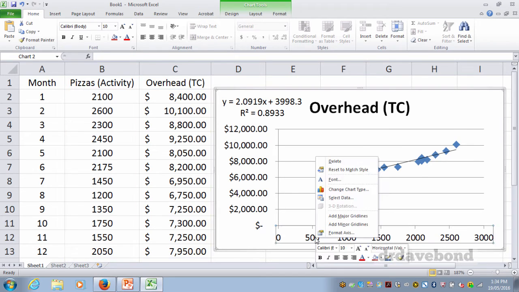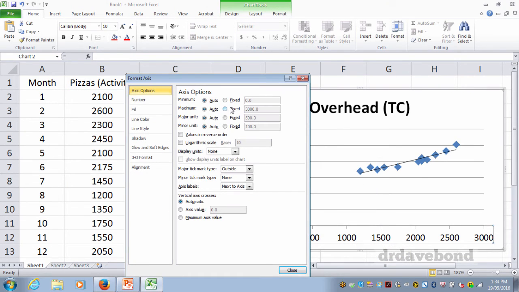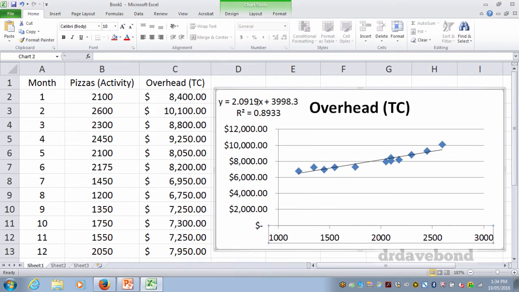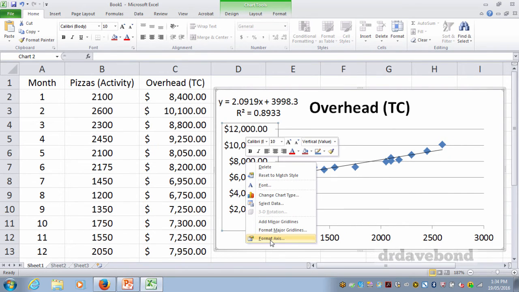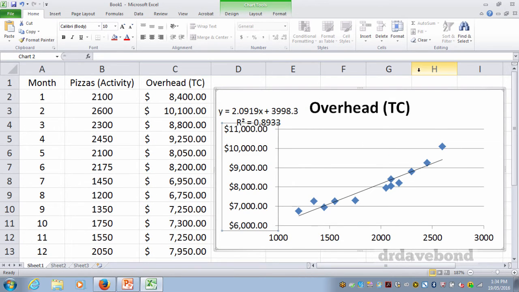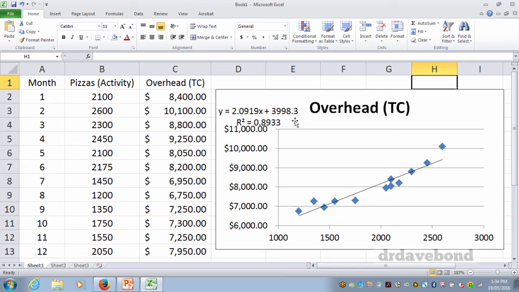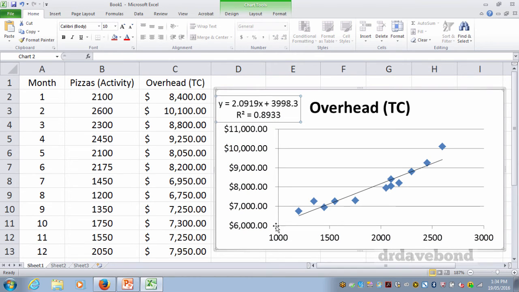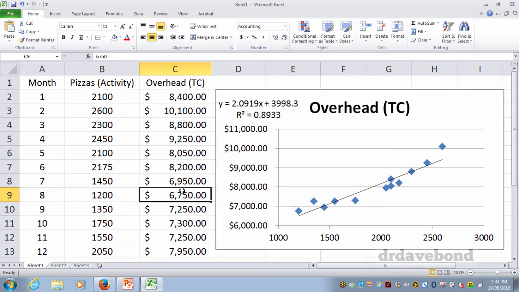I would change that so that we even it up down the bottom, and we even it up. So now down here isn't the origin. It's 1,000 units and 6,000. But it looks a lot neater. You look at it and go, okay, that makes a lot more sense. So that is regression analysis.